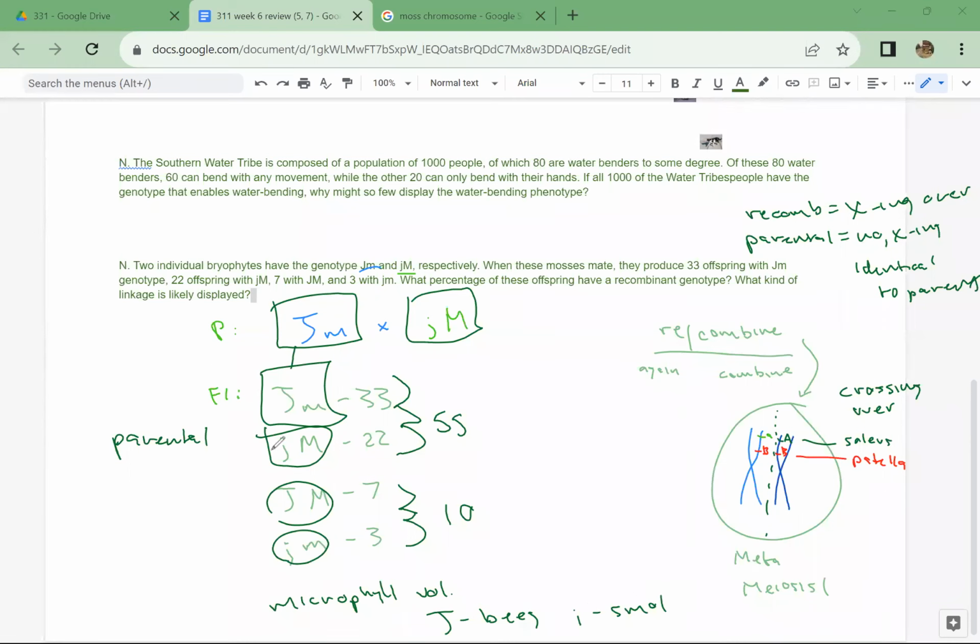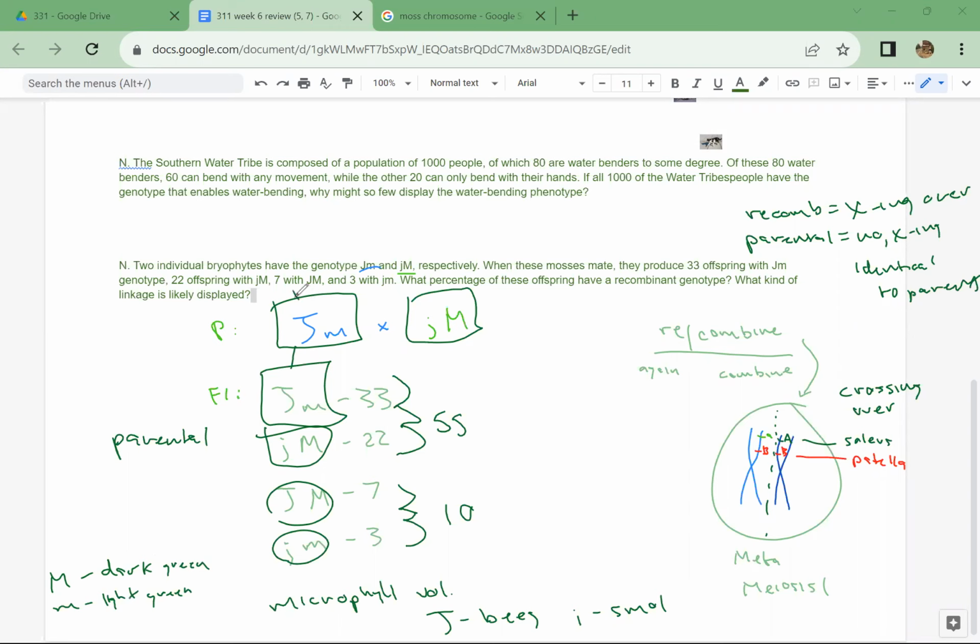Also, I should articulate that the M, for example, could be light green versus dark green. Capital is dark green, lowercase m is light green. These are the phenotypes that correspond to the genotype.